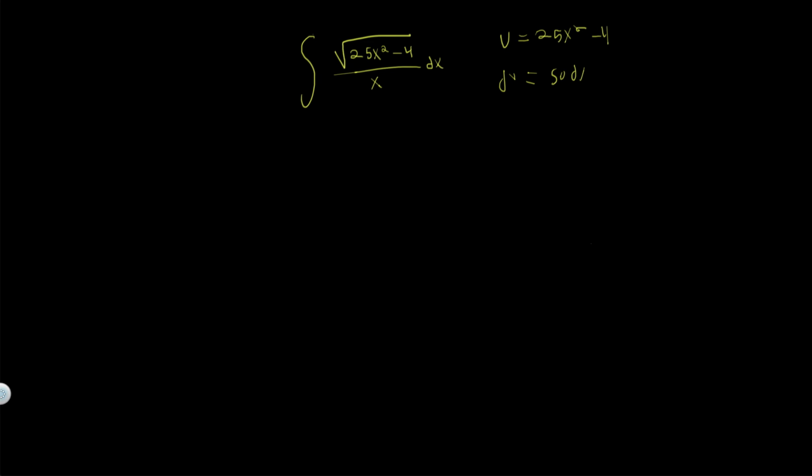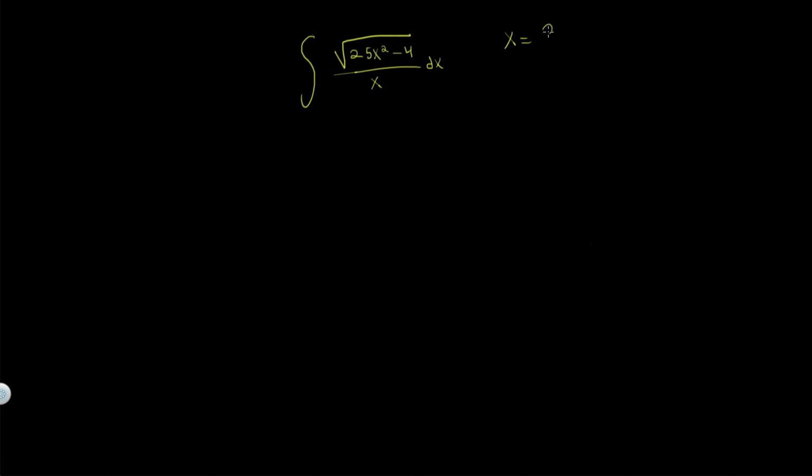So this is where something called trig substitution comes into play. Before I tell you how I got this value that I'm about to use, just watch the video and I will tell you at the end. I want to first do it with this value that I already know, and then I will tell you how I got it. So we're going to let x equal 2/5 secant theta.